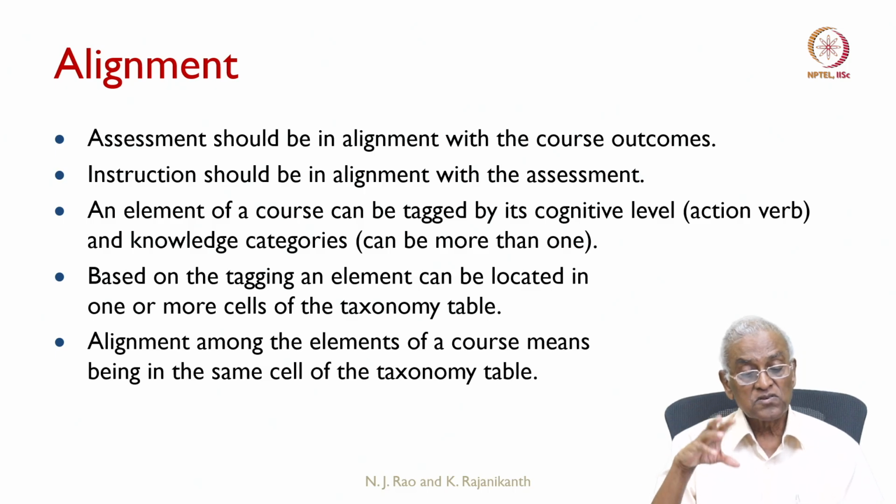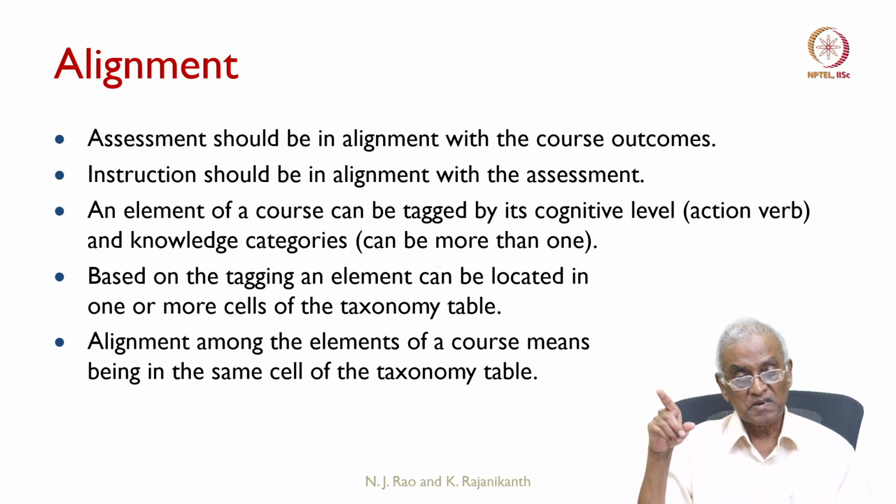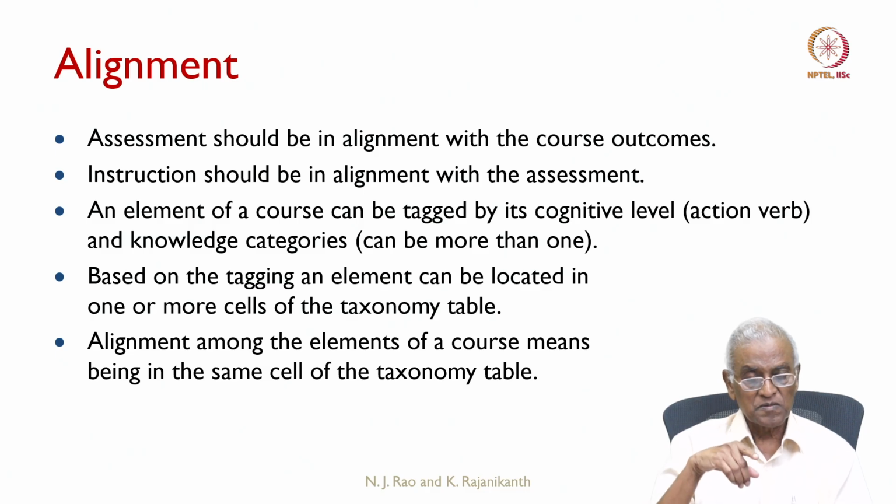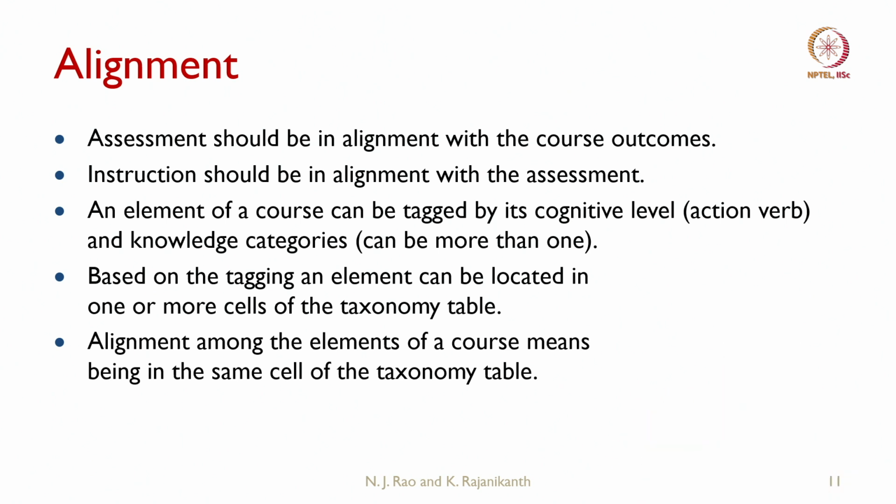Then instruction should be in alignment with the assessment, because I have to instruct my student in such a way that he will be able to perform well in the assessment that I have. So, all the three elements should be in alignment with one another. An element of a course can be tagged by its cognitive level.